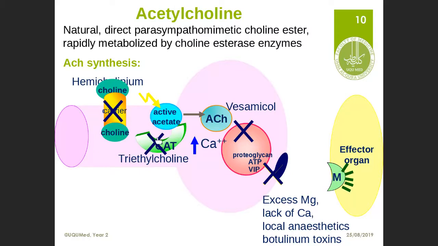So choline is there, active acetate is there, but if this enzyme is not here, then there is no production of acetylcholine. Is everybody clear about these two inhibitors so far? Any question? Clear to male one as well?